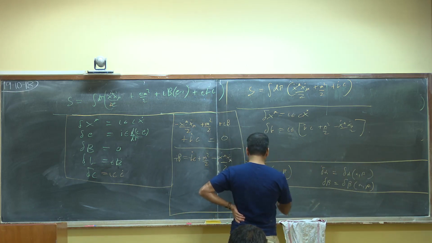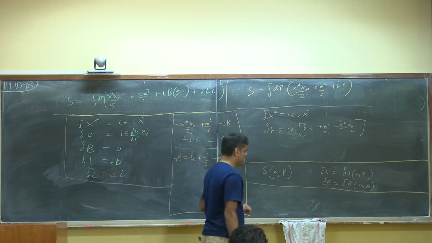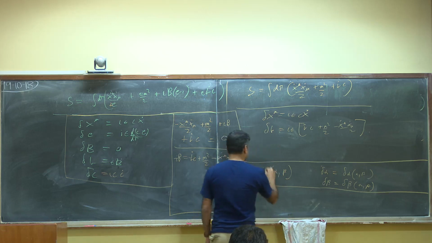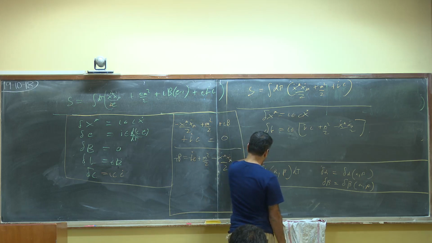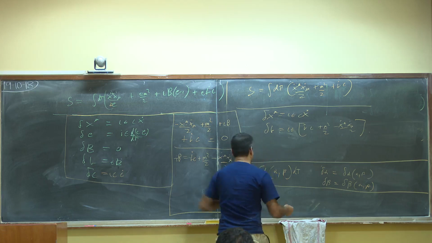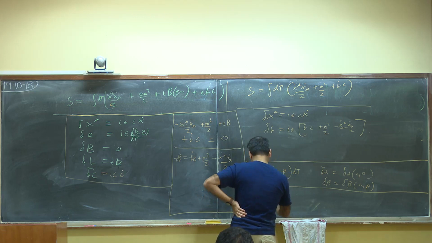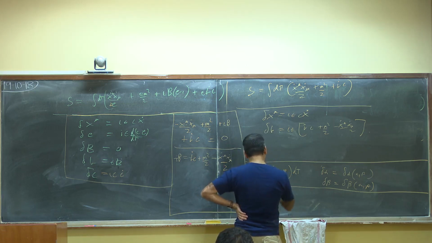Okay. So what that means is that if we took this action and we varied it, so let's say it's the Lagrangian, integral dt. We took the action and varied it, we would find that, okay, let's ignore the possibility of a total derivative for a moment.